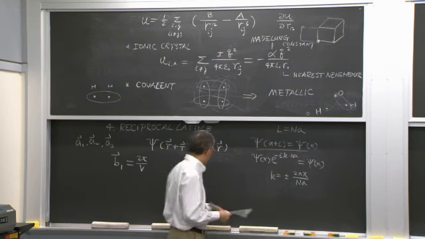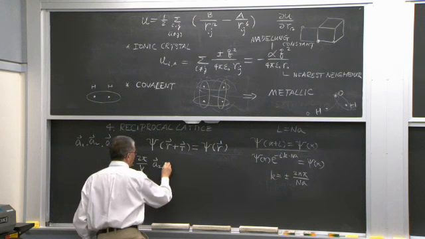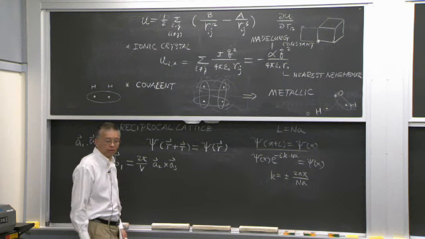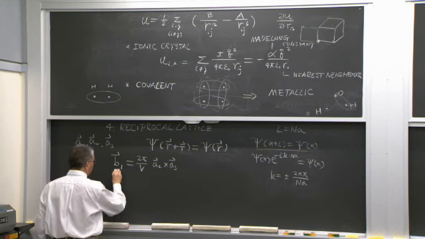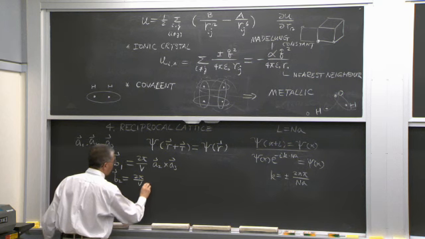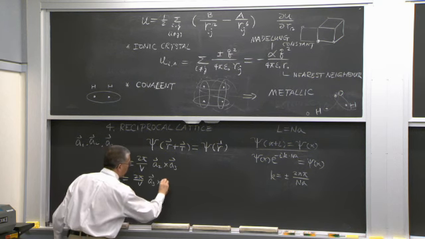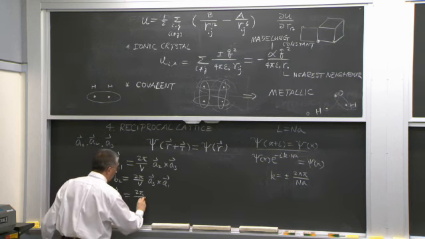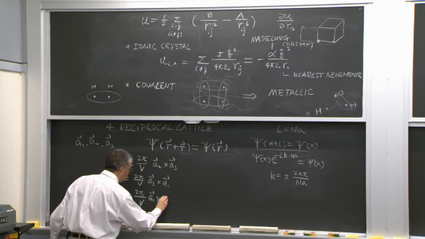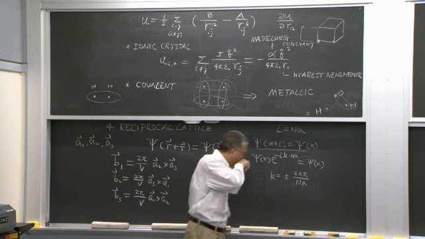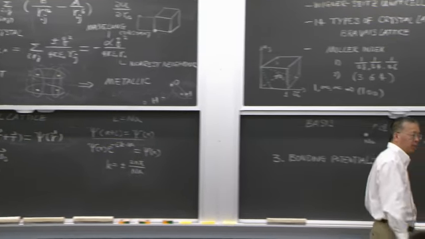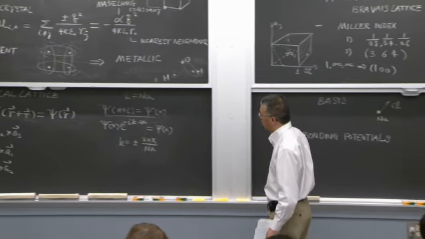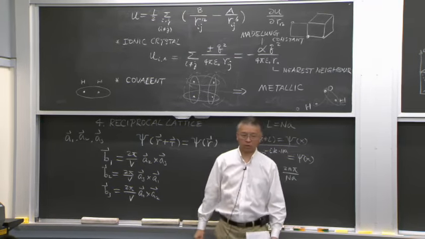And here I have a2 times a3. And I permute the subscripts, then I have b2 is 2π over the volume, a3 times a1. This is a cross vector product. And b3 is 2π over the volume, a1 times a2. And this ensures that it's the corresponding vector in the Fourier space of this 3D periodic real space.